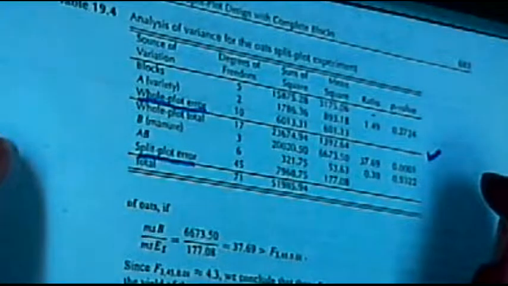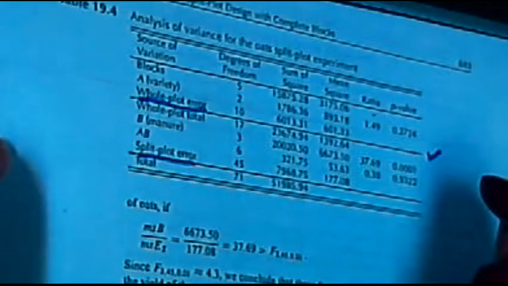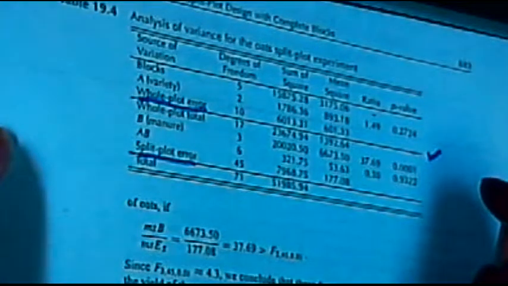Well anyway, in the ANOVA table for a split plot design, there are 2 error terms, one for the whole plot stuff, the other for the split plot stuff.